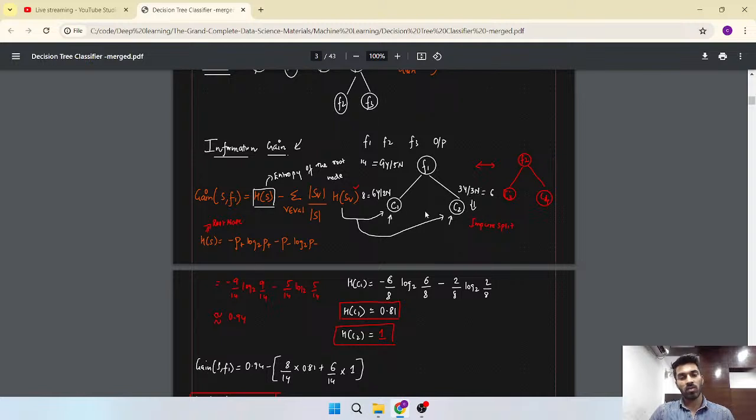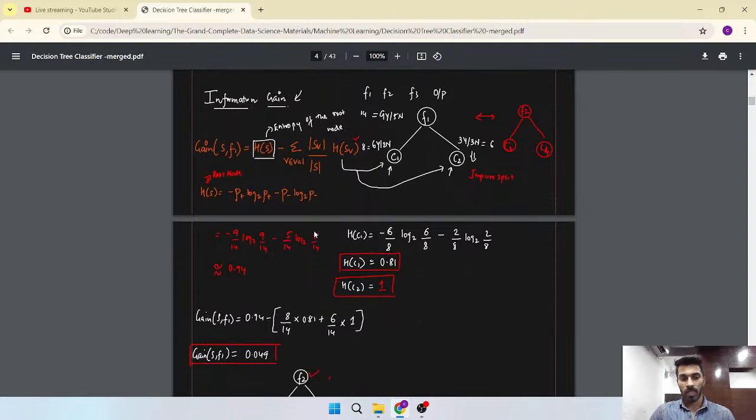And for C2 also you calculate all of these things, and then you will get some values. Whichever feature gives the highest information gain, you select that feature.